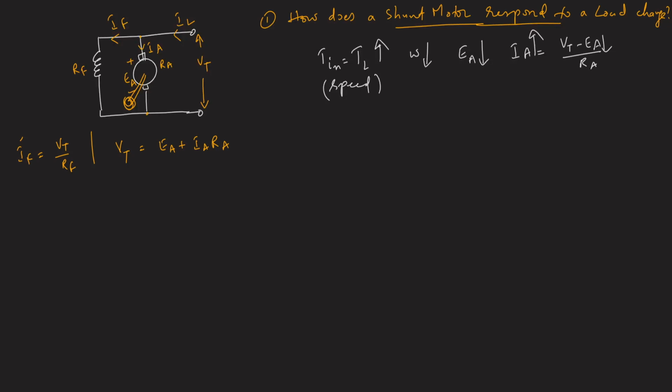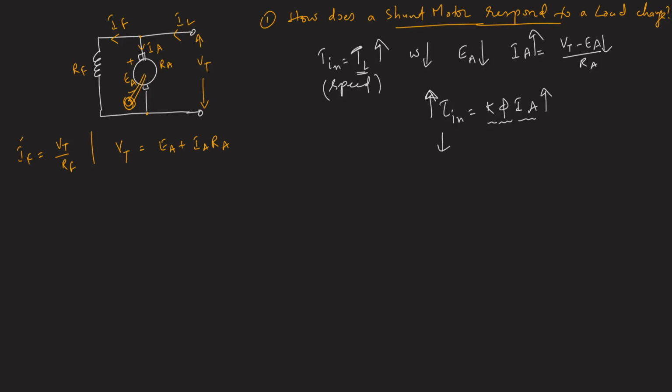When Ia is increasing, the induced torque, which is a function of phi and Ia, where phi is constant and K is a constant, slowly increases to the required load torque. When the induced torque increases, the machine speeds up.